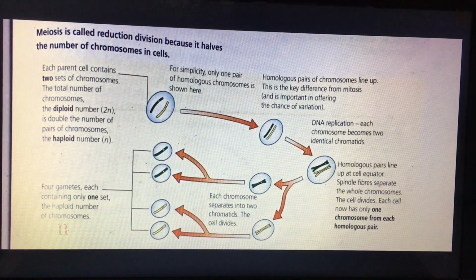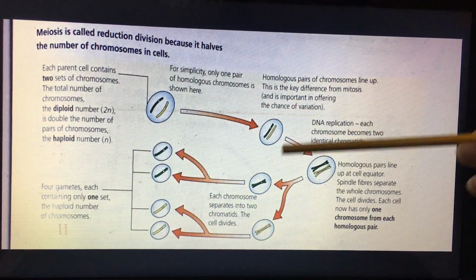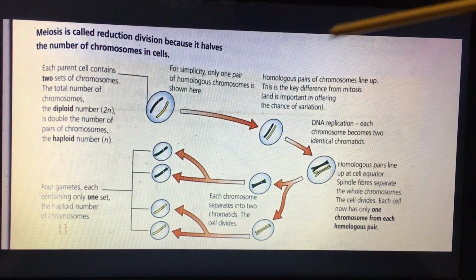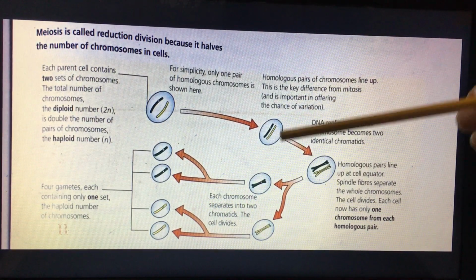Actually, homologous pairs of chromosomes line up. In this stage, the homologous pairs of chromosomes line up. And that's the difference between meiosis and mitosis. In meiosis, the homologous pairs line up.